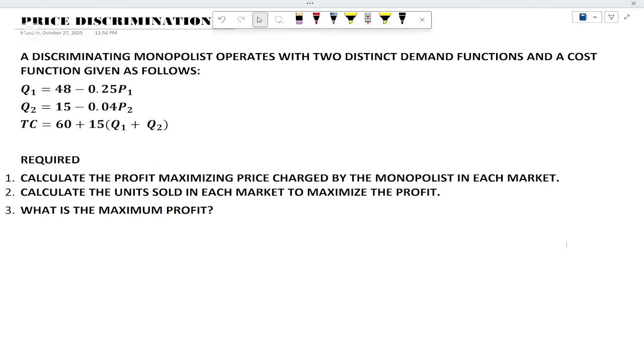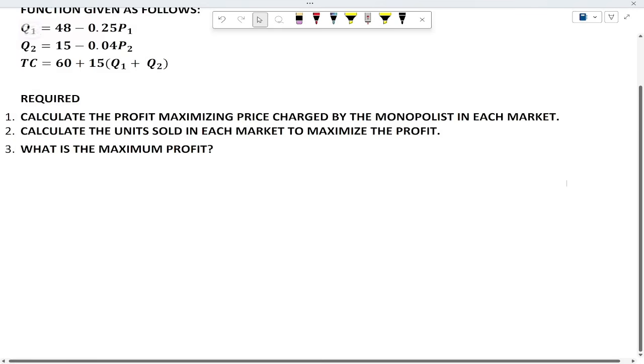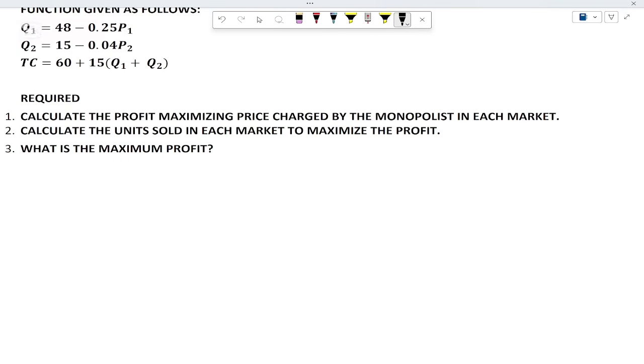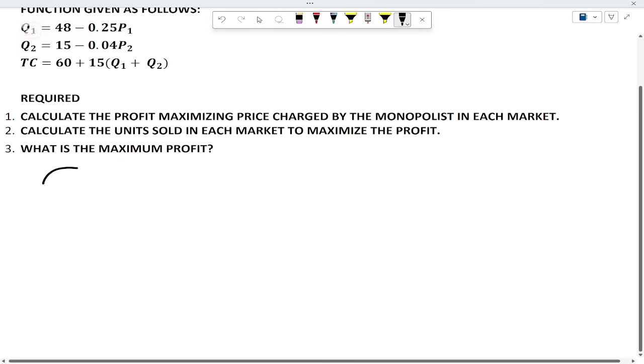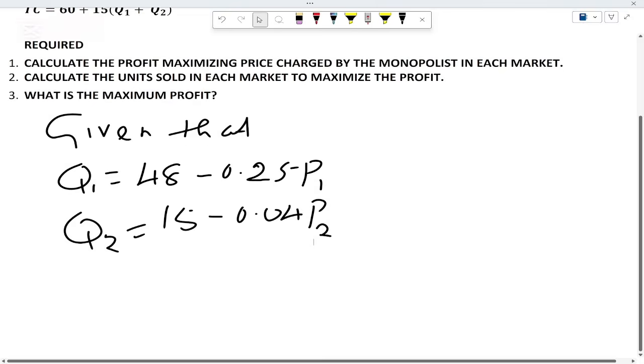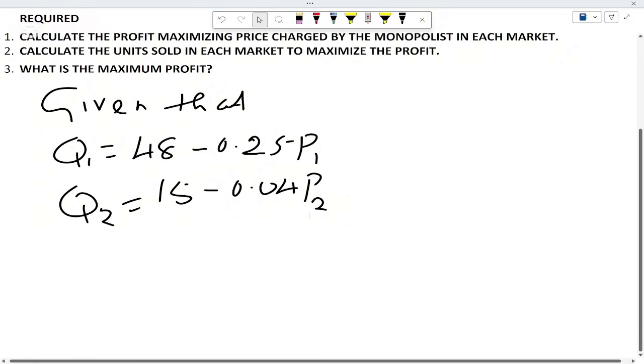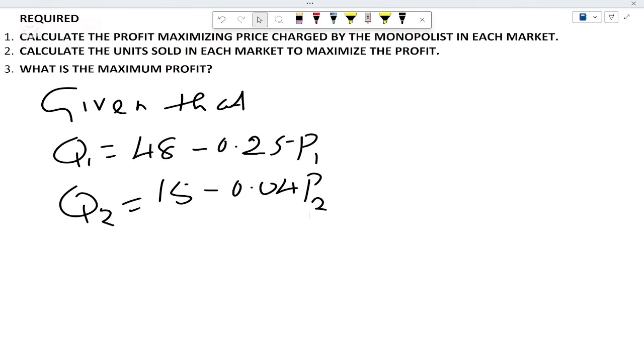So here is what we're going to do. We're going to go straight to solving this. Let's say you are given this. What you do is to ensure that you make these P's, P1 and P2, the subject of the formula.